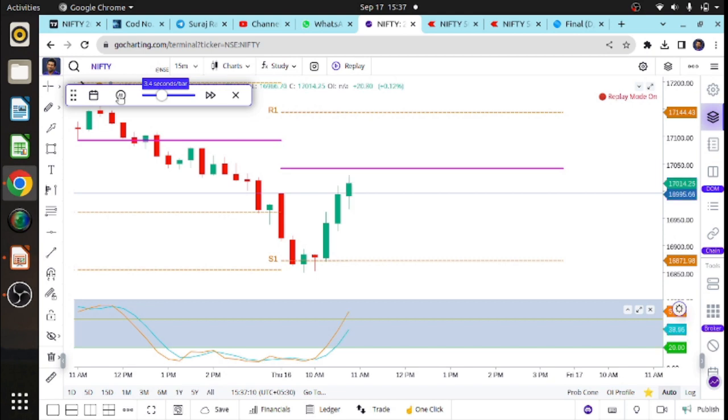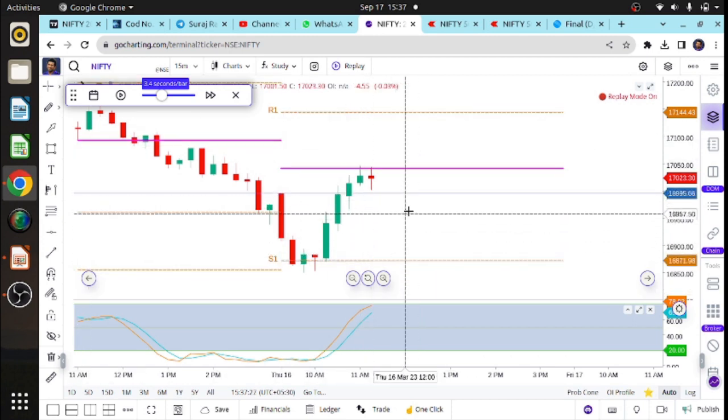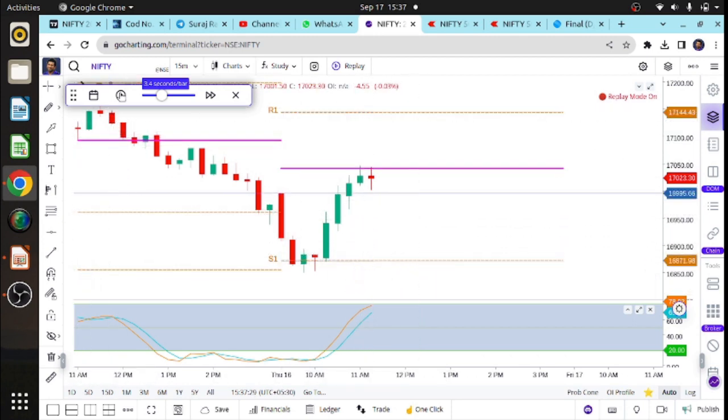So let's see. By trailing the stop loss our first target is hit, and stochastic is also coming into the overbought region. By trailing the stop loss we could have waited for R2, but it's not happening.